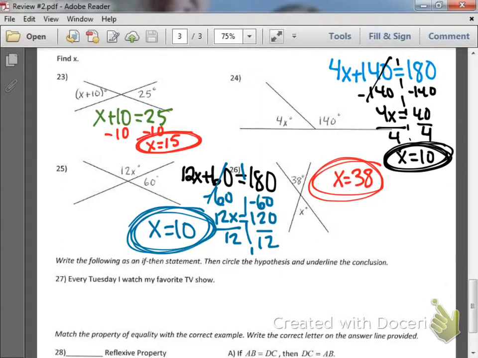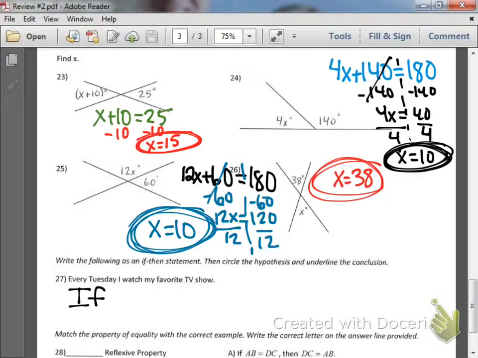All right, let's see if we can write that if-then statement. So I'm supposed to write an if-then statement for every Tuesday I watch my favorite TV show. So if-then statements always start with the word if. If... so if what?